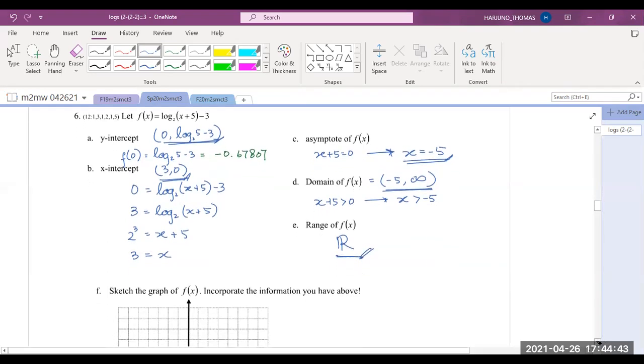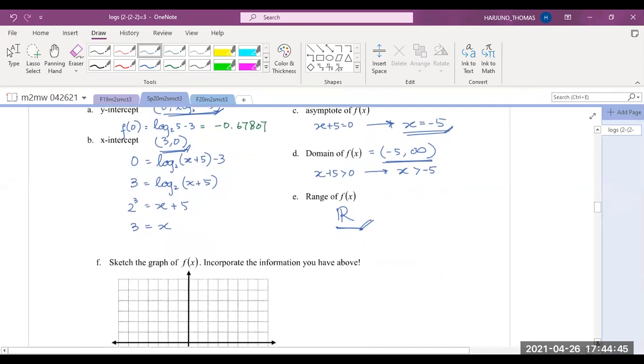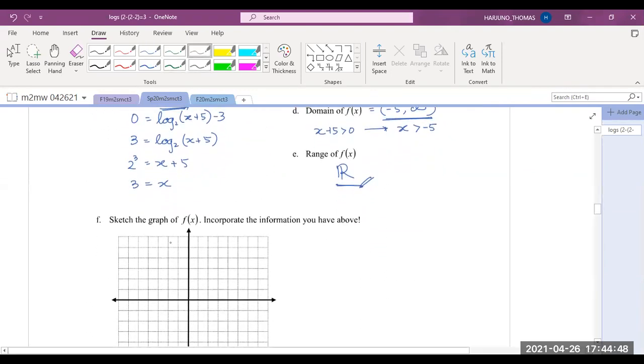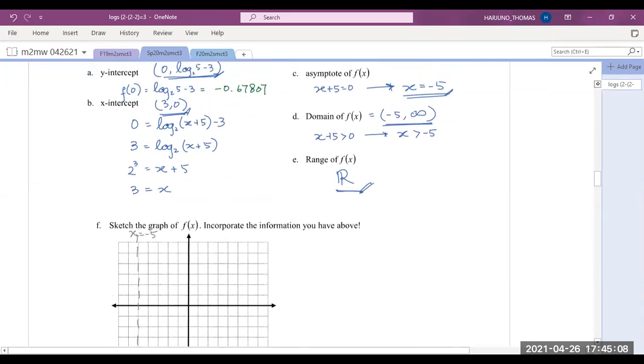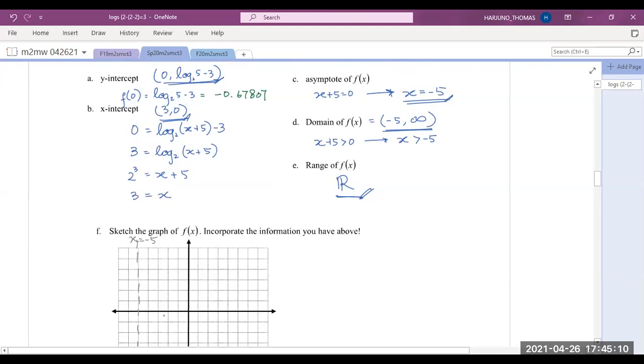Now let's sketch the graph. Let me do the vertical asymptote first: x equals negative 5. The y-intercept is approximately negative 0 point something, so it's approximately here.